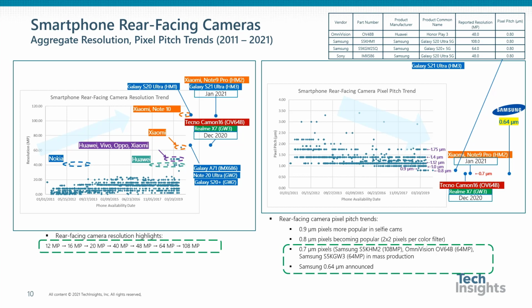As with the increasing resolution, the pixel shrinkage trend is expected to continue, with Samsung recently announcing the next generation of 0.64 micron pixel pitch for mobile imaging. With that said, however, the continued pixel shrinkage and associated reduction in photodiode volume will certainly encounter some performance challenges, such as maintaining a sufficient full well capacity and maintaining a satisfactory signal-to-noise ratio.